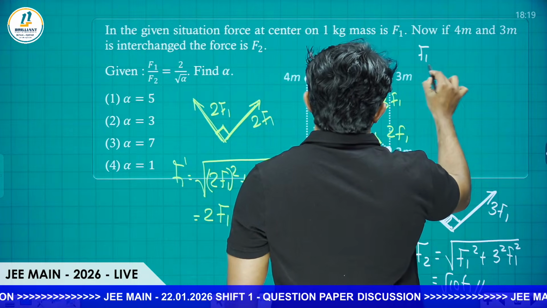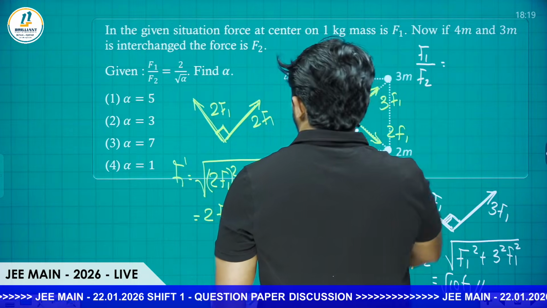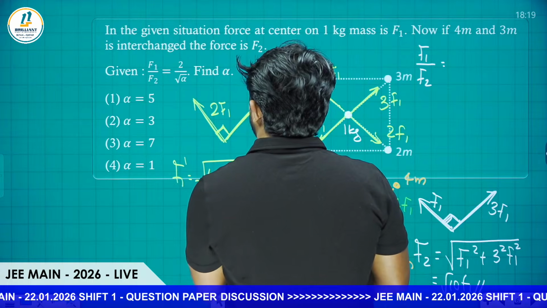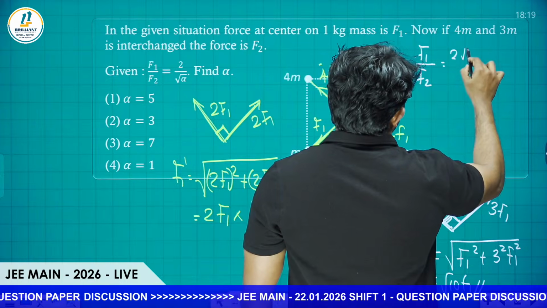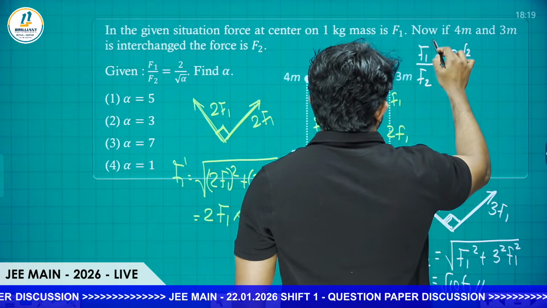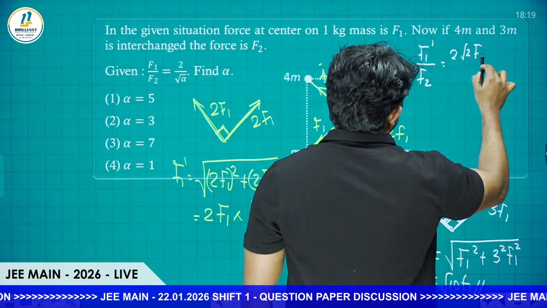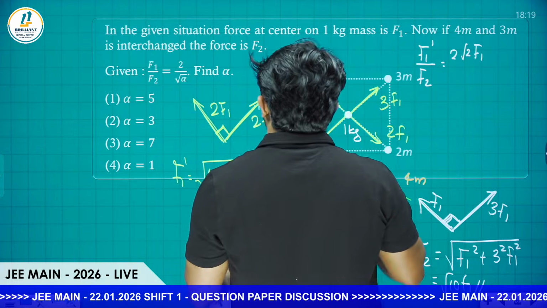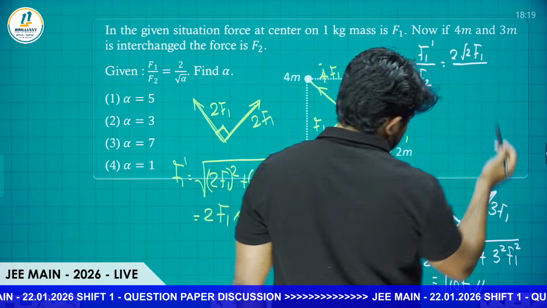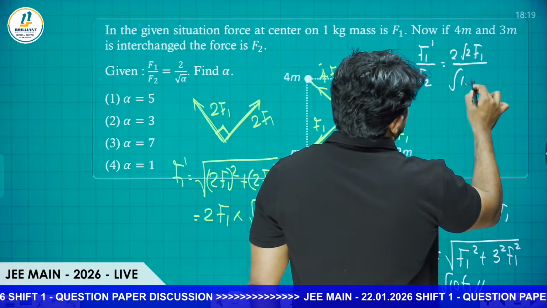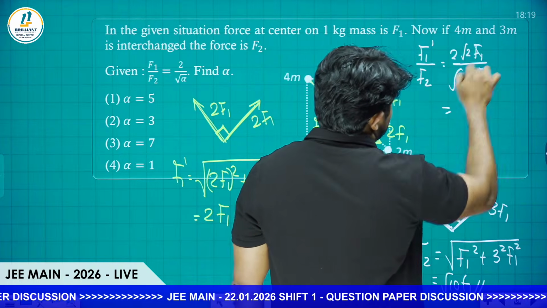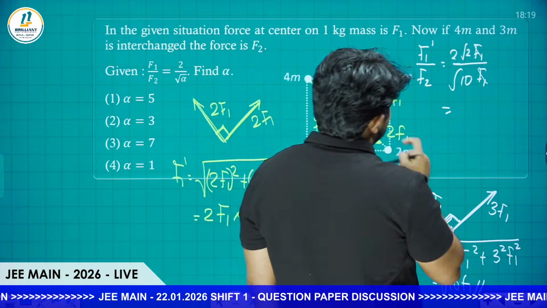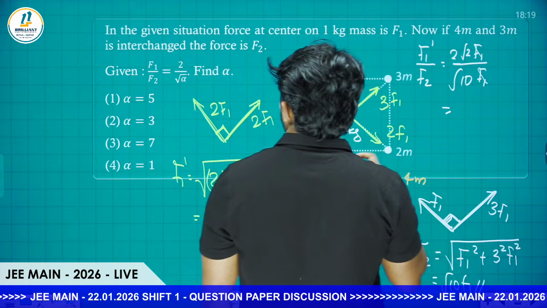So F1 dash divided by F2, F1 dash will be this force, that will be equal to 2 root 2 F1 divided by F2. F2 we got as root 10, right? That F1 and F1 get cancelled. Now we can rearrange this.